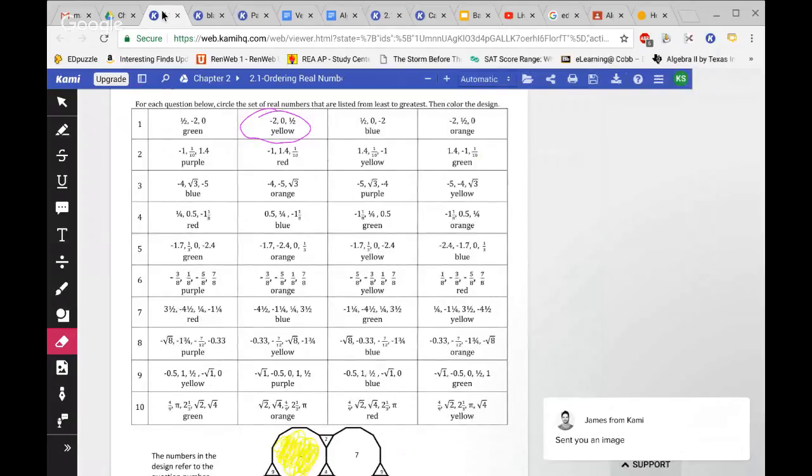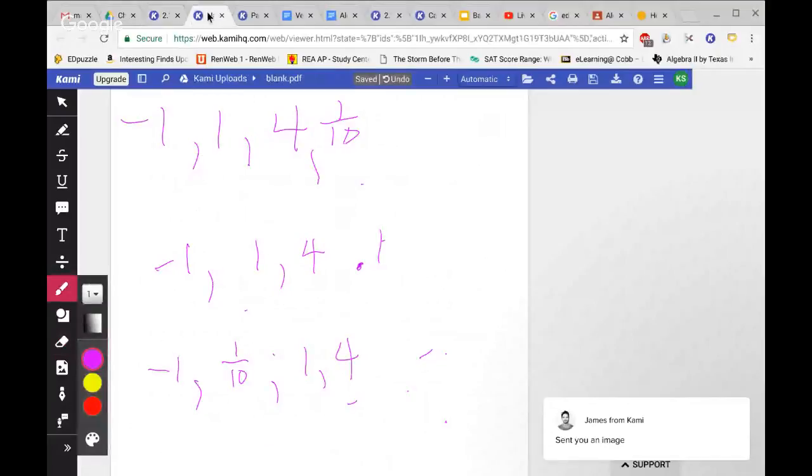Oh, that's 1.4, isn't it? Okay, so which is bigger, 1.4 or 0.1? 1.4. Yes, that's bigger. So that 1/10 is going to go in the middle.